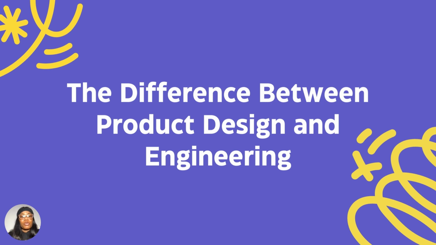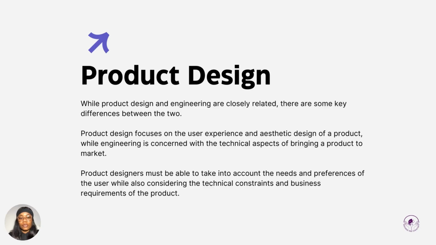So the difference between product design and engineering. Product design and engineering are actually closely related, but there are some key differences between the two. So let's look at the differences. Product design focuses on the user experience and the artistic design of a product, whilst engineering is concerned with the technical aspect of bringing a product to market.